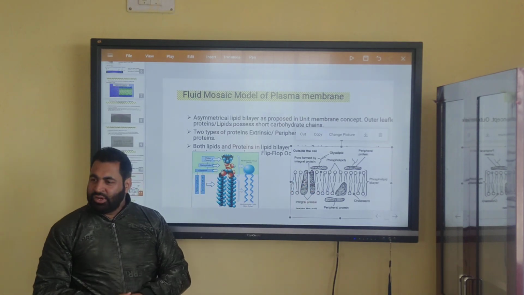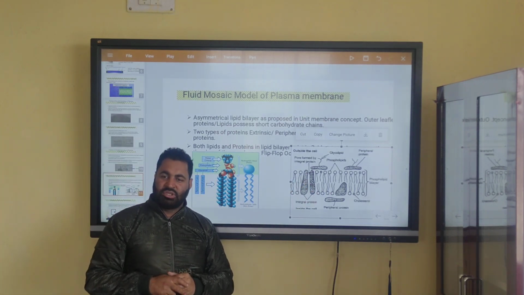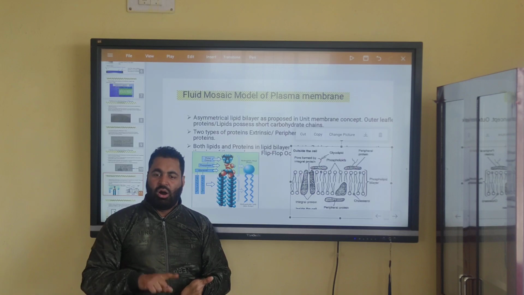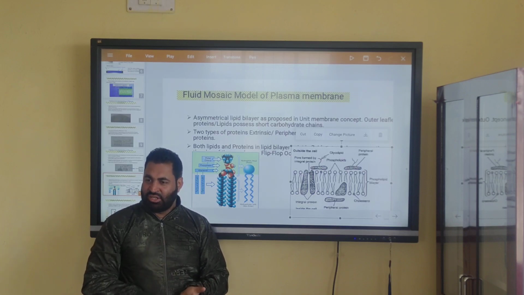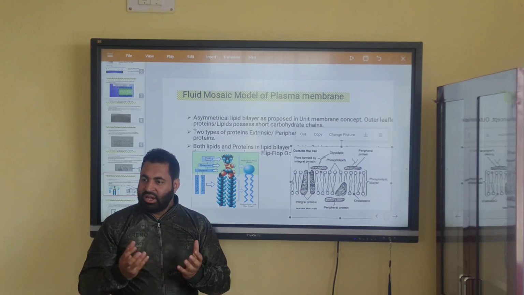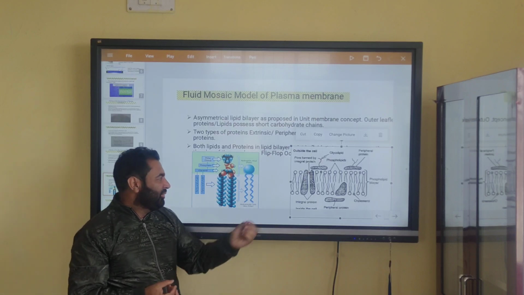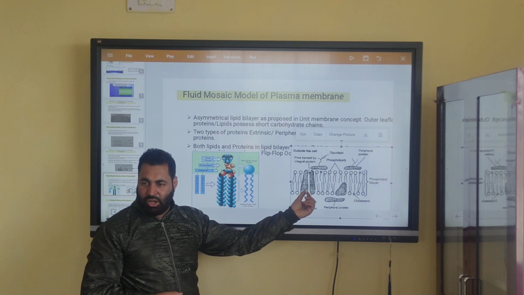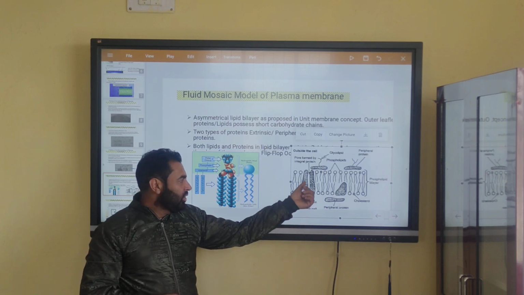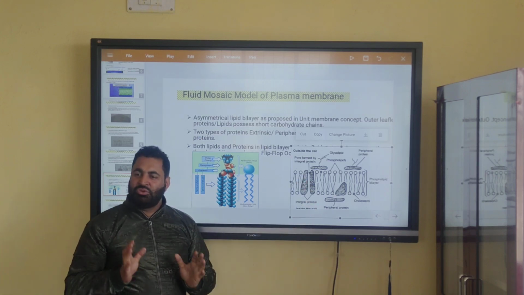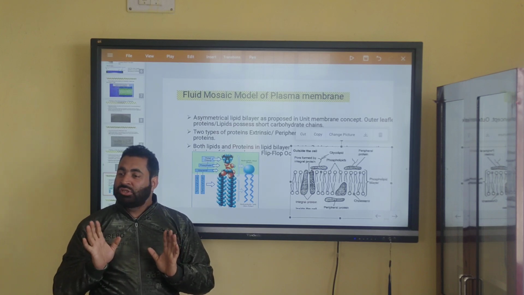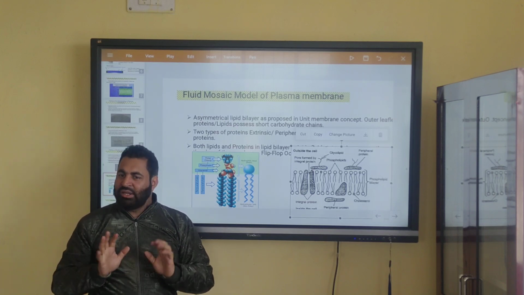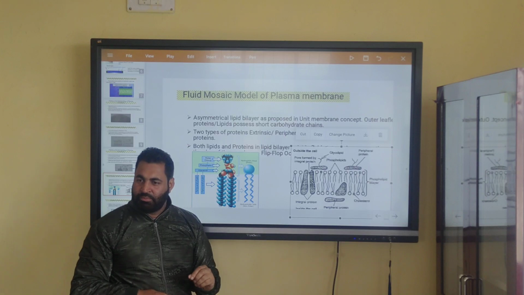Whatever integral membrane proteins, can you remove those proteins by increasing pH or by increasing the salt concentration? No, because those are part and parcel of the plasma membrane. They are embedded in this phospholipid bilayer. So these integral membrane proteins you will dislodge using detergents. How will detergents dislodge these proteins?